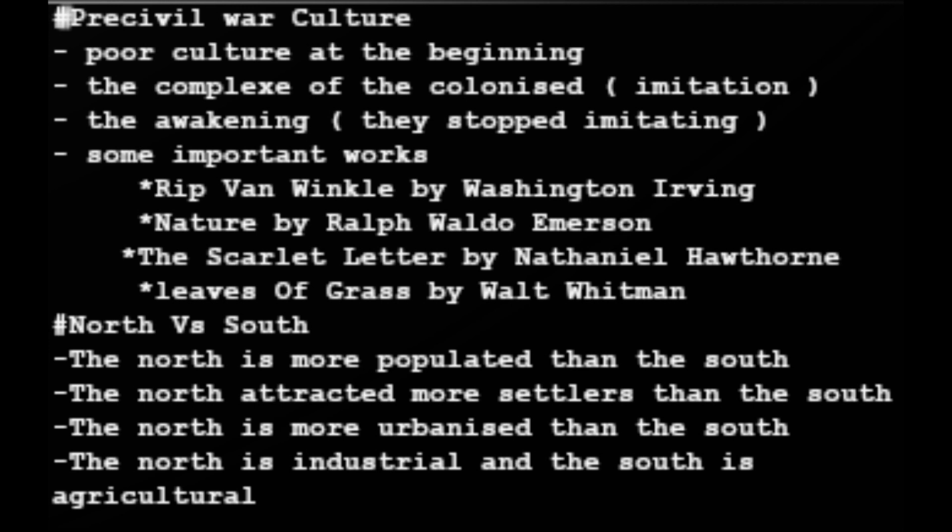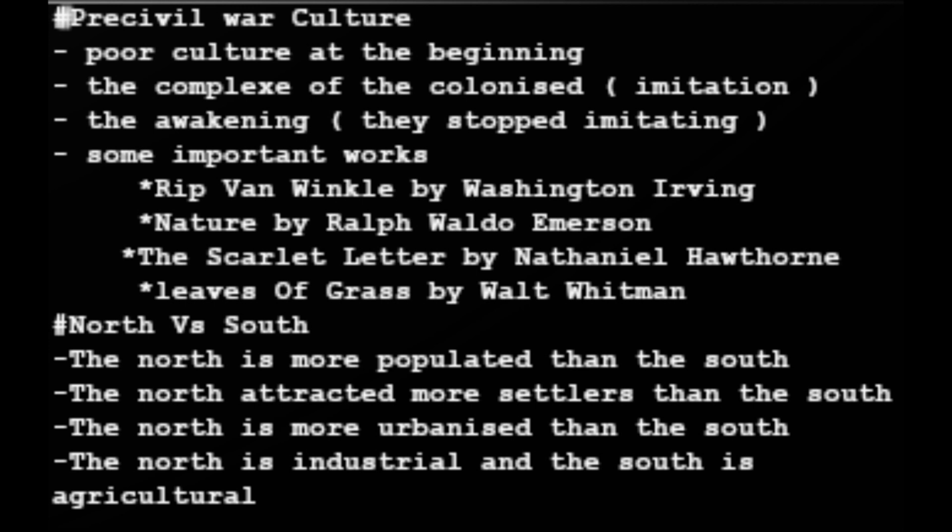The opposite of urbanized is rural, so the South was rural and the North was urban. The North is industrial and the South is agricultural, which is obvious. One more thing: the North is called the Yankee, and the South is called the Dixies. There's a song called Dixieland as well, if you want to check it.